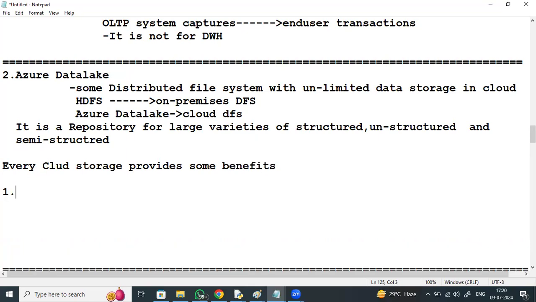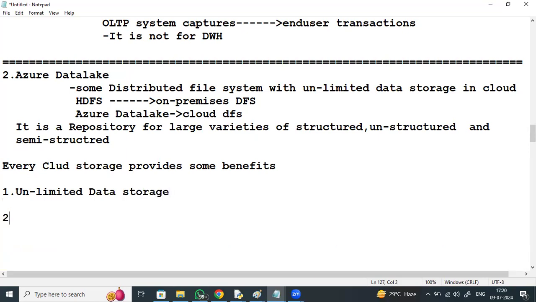First thing, unlimited data storage. Secondly, it supports all varieties of data. What are the varieties of data here?